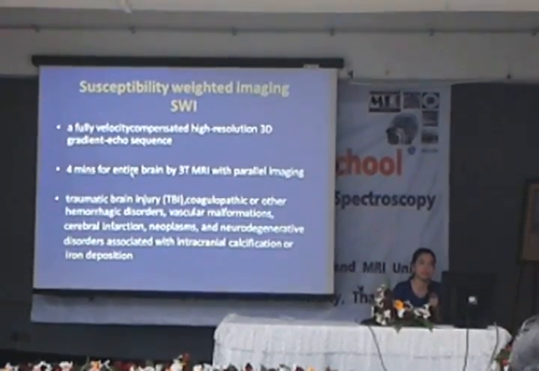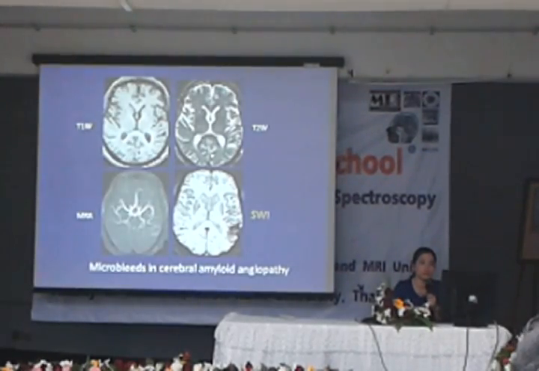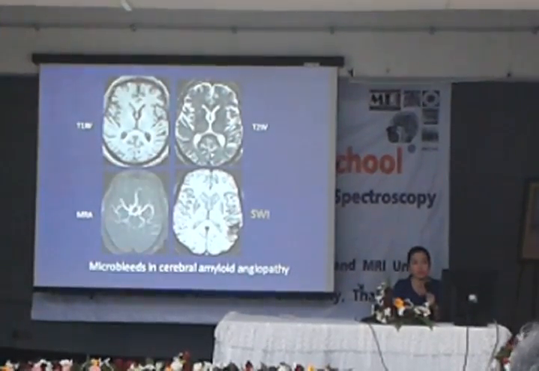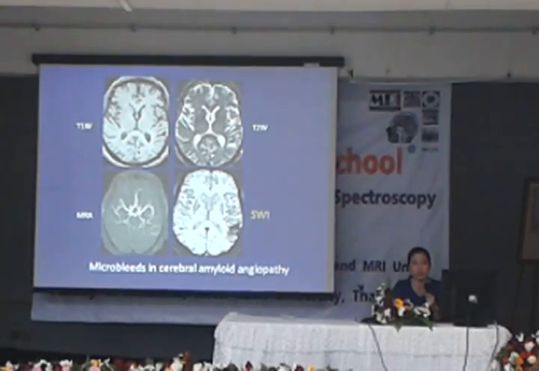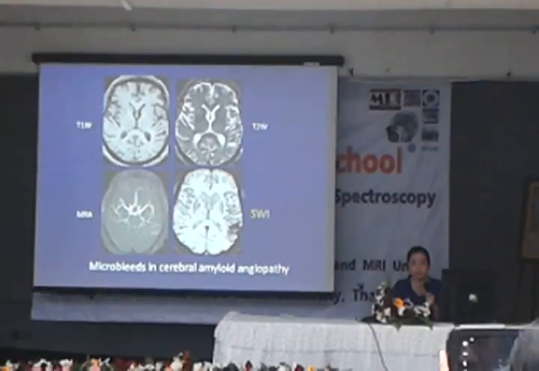And for the other advanced neuroimaging that we use, SWI, this sequence is very useful to pick up microbleeds in the brain tissue. You see in this case, on T1 we didn't see anything, on T2 we didn't see anything also, and MRA looked normal. But on SWI, you see so many tiny dark dots, and this area is very large.